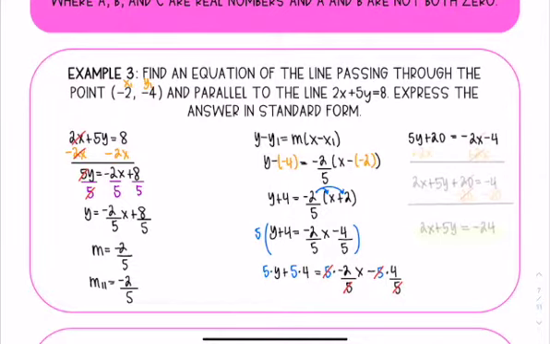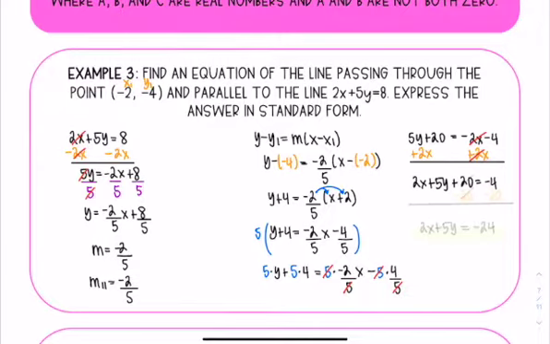We need to get x and y on one side, so I'm going to add 2x to both sides. And so it ends up canceling on the right-hand side. We get 2x plus 5y plus 20 equals negative 4.